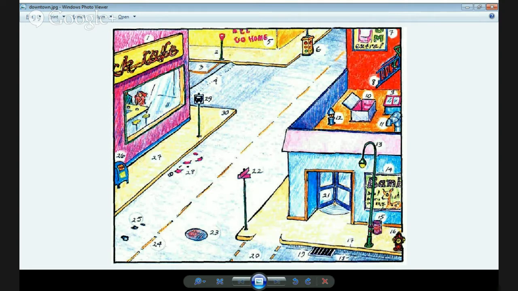I don't know this word. Neon is a bright color light. Neon is like bright red, bright green, bright blue. So, do you see a neon sign somewhere? Where do you think it is?